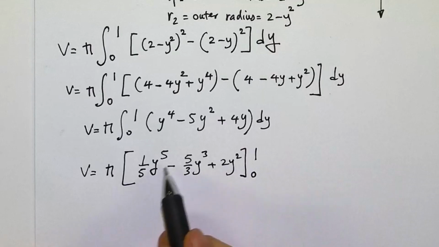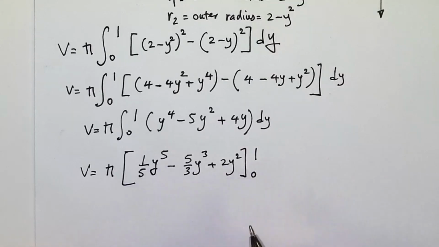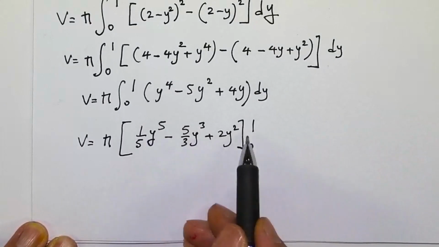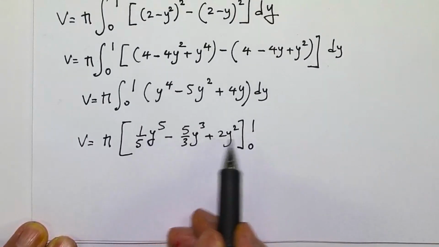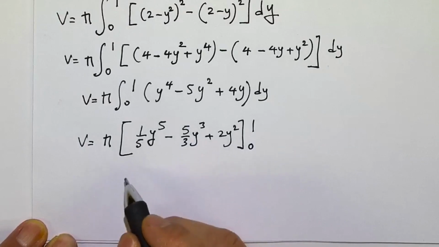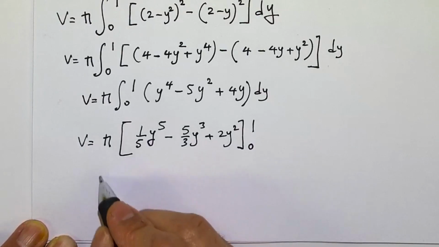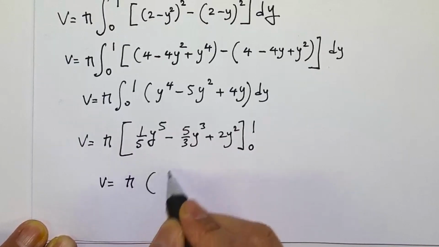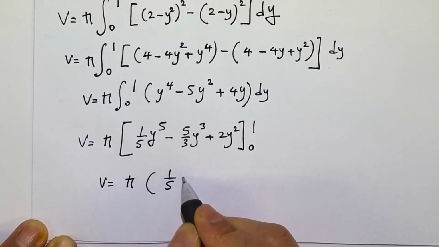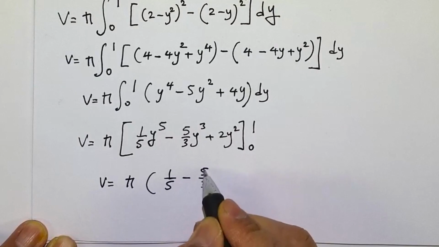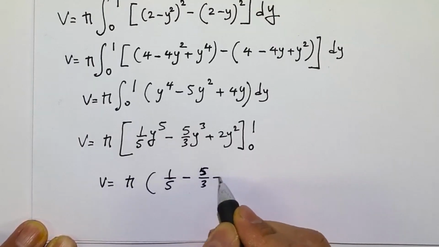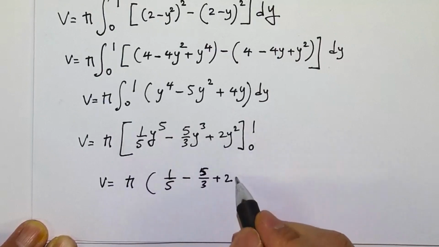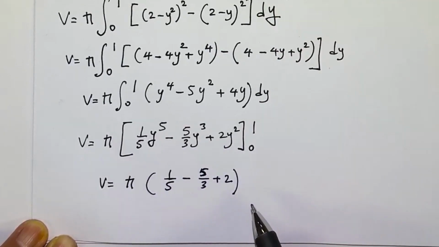I'm double checking these. Yep. Okay. Then substituting y with 1 and then 0, this is what I ended up with: pi times 1/5 minus 5/3, and then plus 2, and the 0 will cancel everything, so that's all we have.